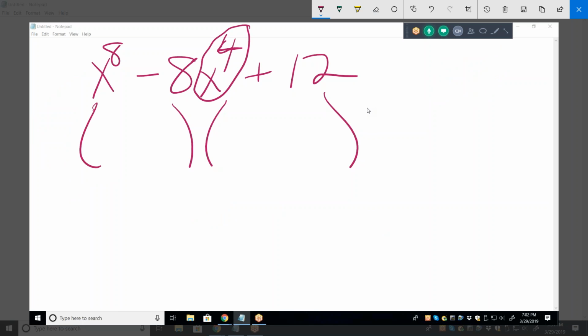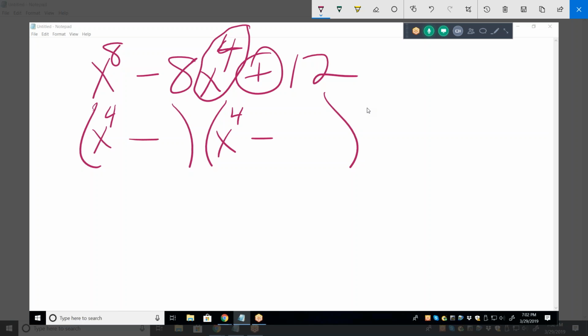How are you going to split up the x to the 8th? x to the 4th and x to the 4th. Again, it doesn't have to be like that, but it's probably like that. What are both signs? Plus and minus. You don't get a plus if they're plus and minus. So minus and minus.